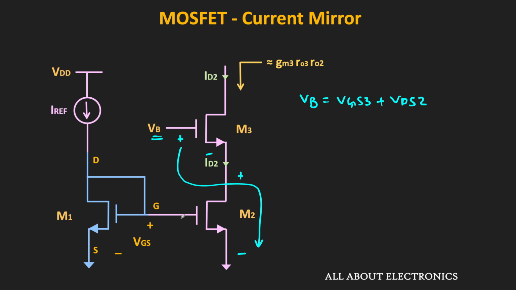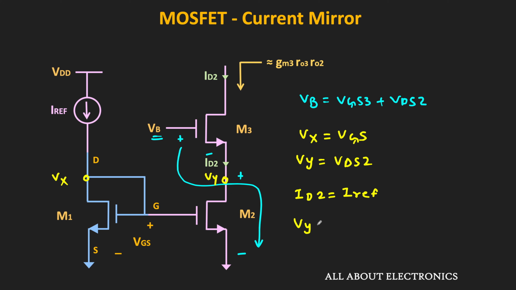So for simplicity, let's say the voltage at this end is equal to Vx and the voltage at this end is equal to Vy. So clearly this Vx is equal to VGS and this Vy is equal to VDS2. So here, if we want this ID2 same as the I reference, then in that case, this Vy should be equal to Vx.